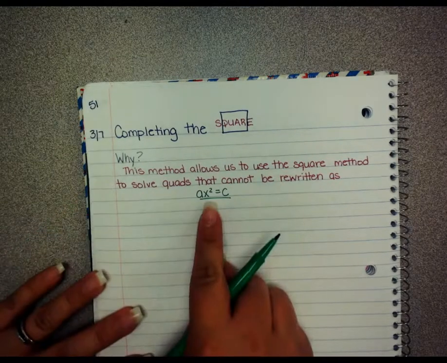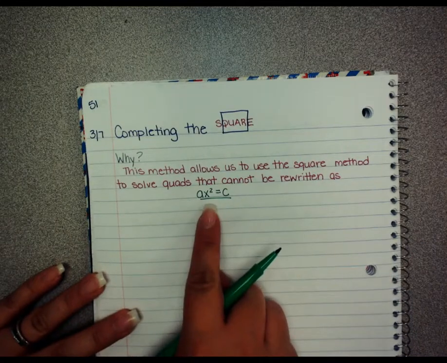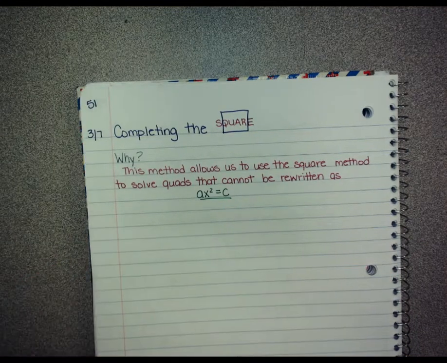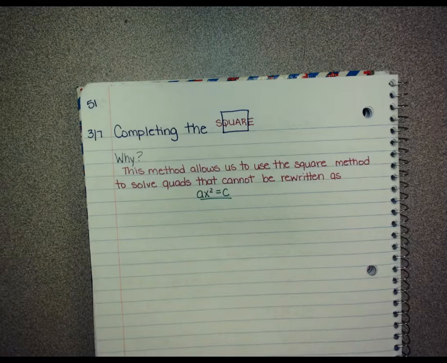Okay, so we can't write them in this format, ax squared equals c, for whatever reason. Maybe because they have a b in them or something like that.